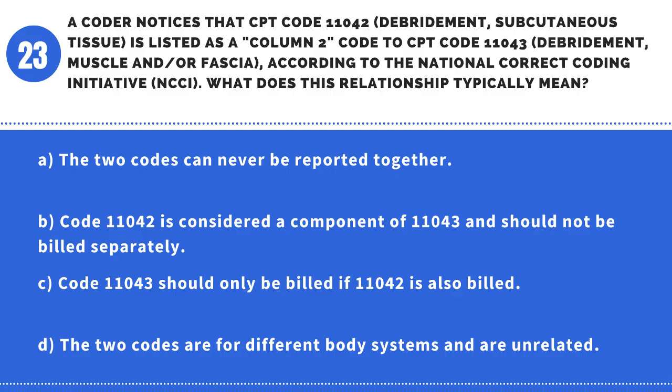A. The two codes can never be reported together. B. Code 11042 is considered a component of 11043 and should not be billed separately. C. Code 11043 should only be billed if 11042 is also billed. D. The two codes are for different body systems and are unrelated.